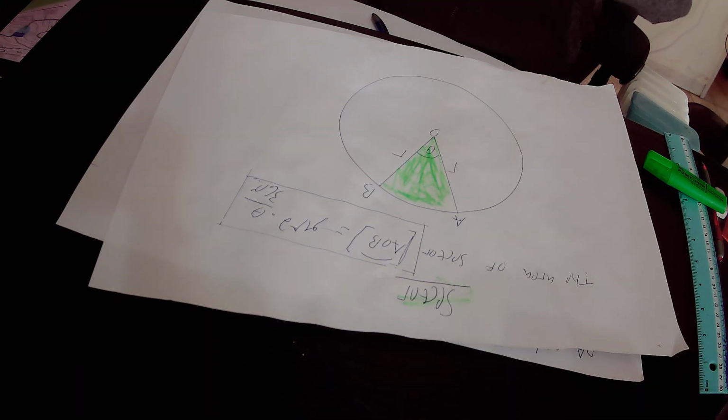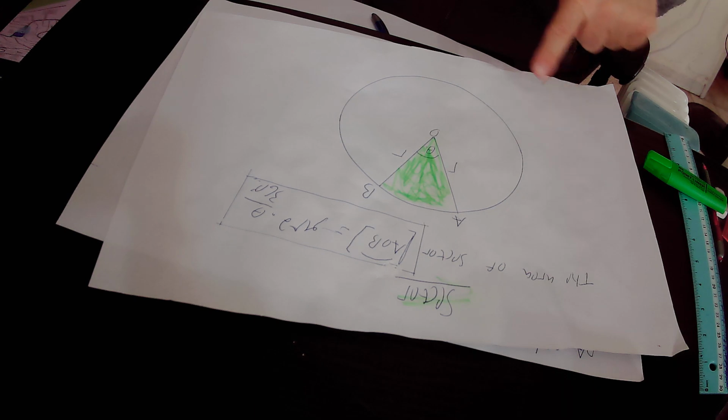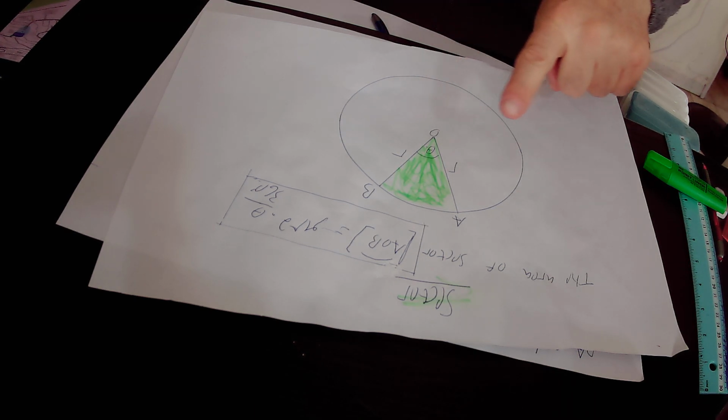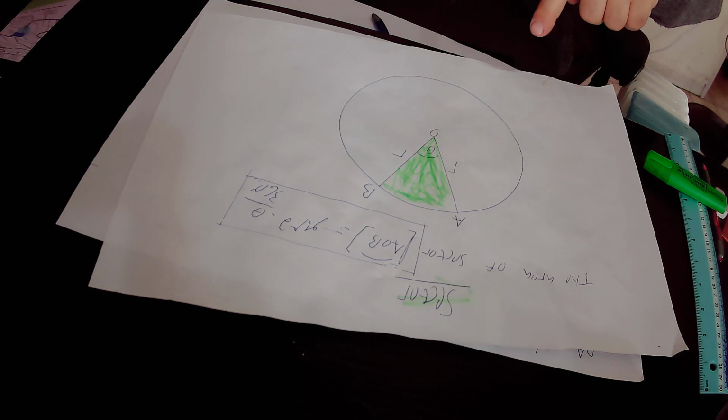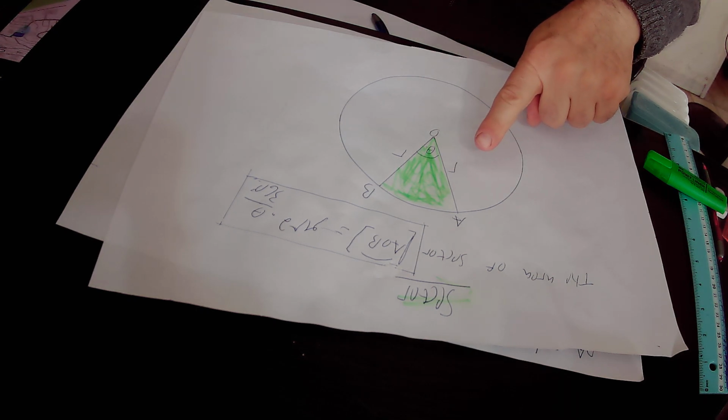What is a sector? A sector is part of a circle. It is a portion of a circle. So the green shape AOB is a sector. Sector AOB consists of two radii of the circle.